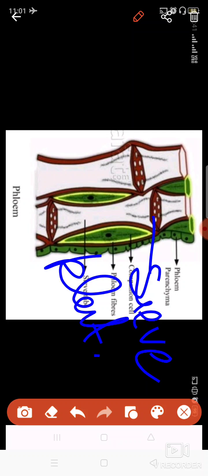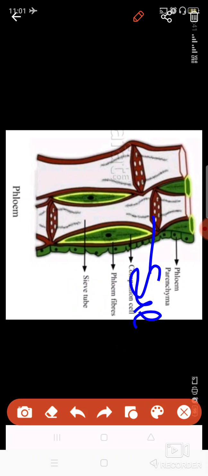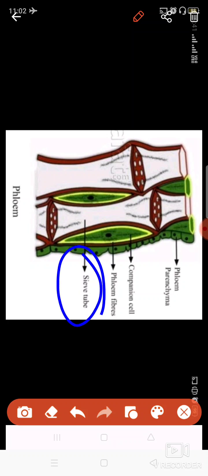When the food is being transported by the companion cell into these sieve tubes, then the food runs down into the other cell by these perforations which are present here. So by this the food is transported by sieve tubes.